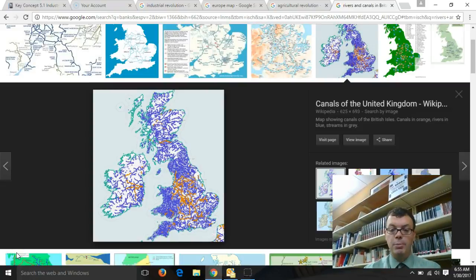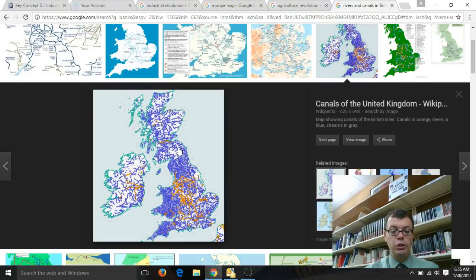Here we see a map of rivers and canals in Britain. Canals are in orange, and the rivers are in blue. What you first notice on this is there's a lot of rivers and a lot of canals, just a ton. Very important, because that allows transportation to take place in Britain, which allows people who own factories to move their goods from one place to another in the Industrial Revolution.